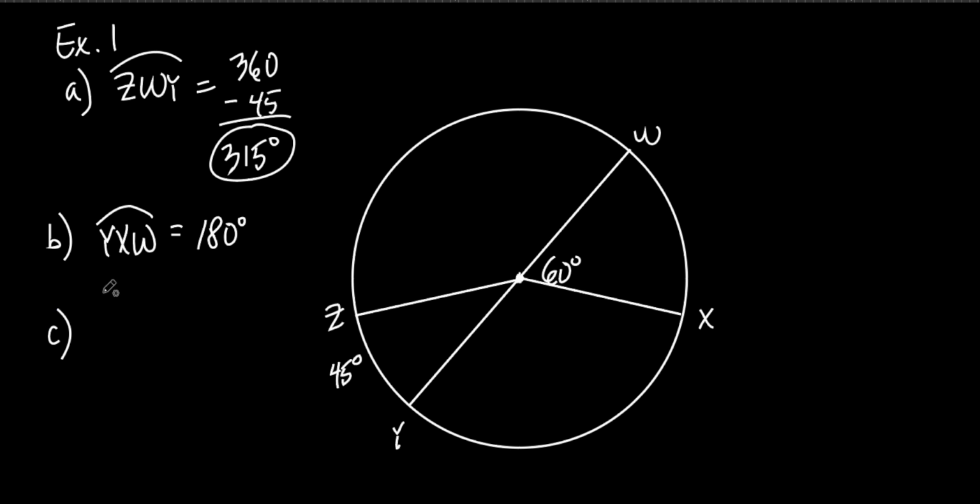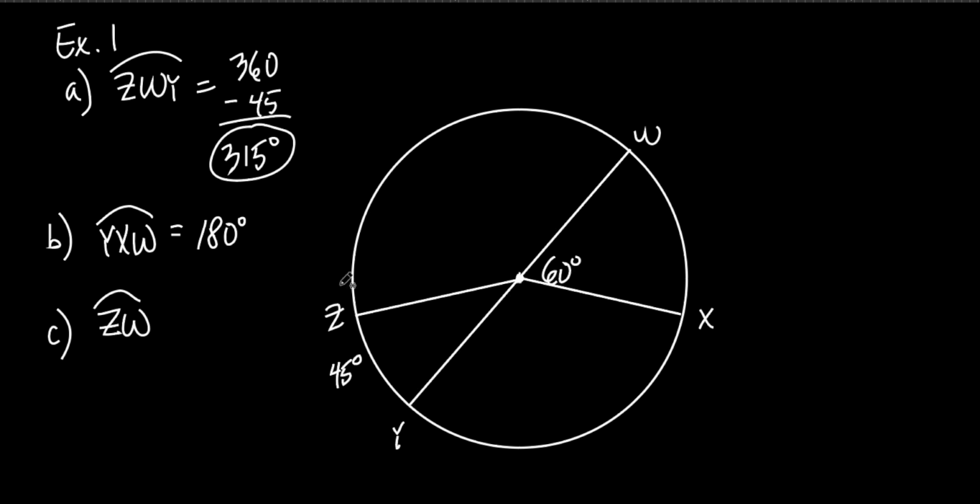Arc ZW. Now, what kind of arc is this? This is a minor arc, so it's going to be less than 180 degrees. So ZW, where's Z? Right there. Where's W? Right there. What is it from here to here? 180 minus 45. Watch.